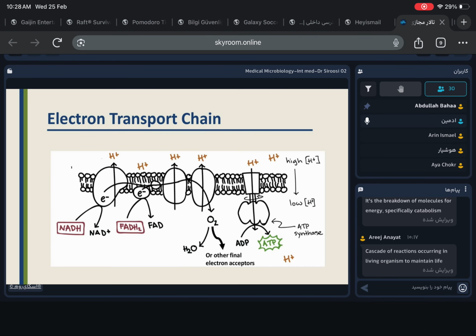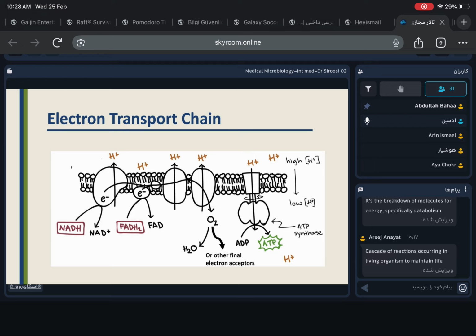So this is the electron transport chain. I told you there is no mitochondria in bacteria. The electron transport chain, if it is present, resides in the cytoplasmic membrane of bacteria. It's a series of complexes in the cytoplasmic membrane of bacterial cells.